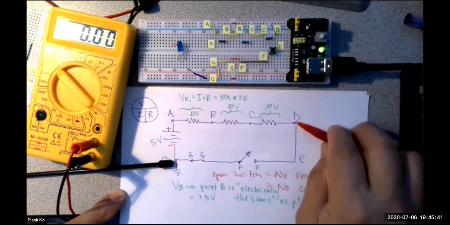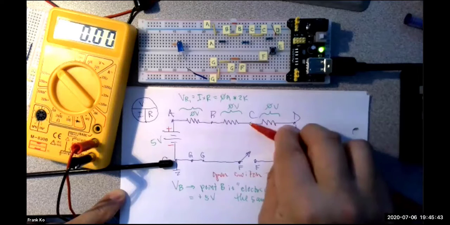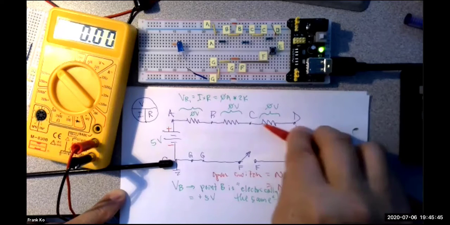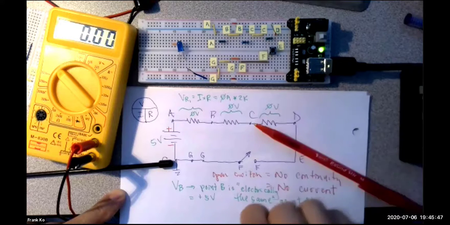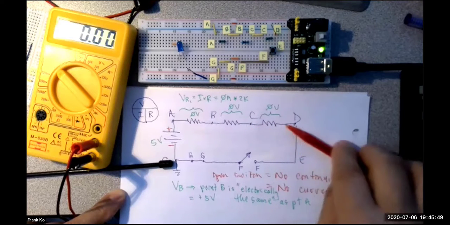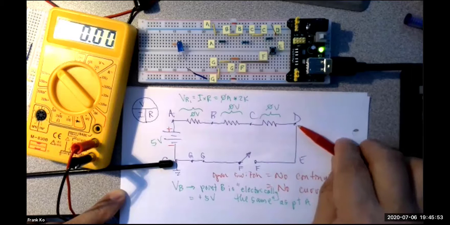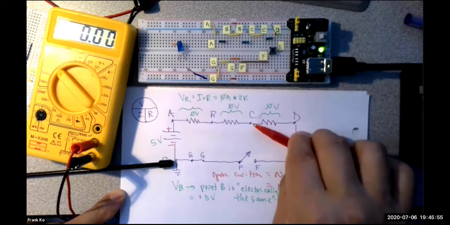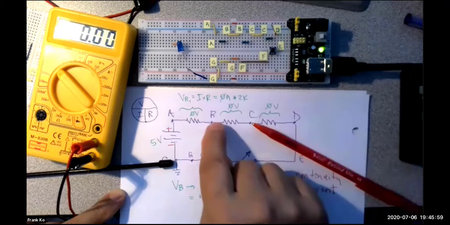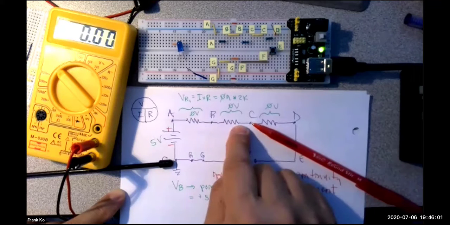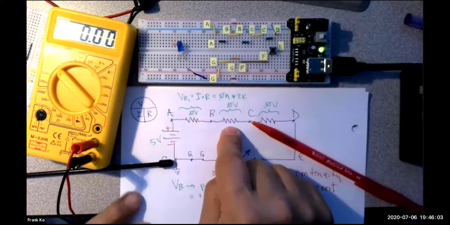What do we see between point D and C? Is there any voltage lost? 0. Are they physically connected? Yes. Could we say that point D is electrically the same as point C? Is point C physically hooked up to point B through a resistor? But do we lose any voltage across it?